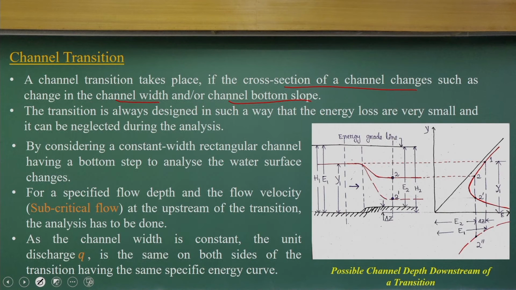Most of the time, the energy losses due to friction at these transition locations can be considered negligible. It is not that significant. Also, many experiments have shown that it is not that significant if the transition happens gradually. That is what we can consider.